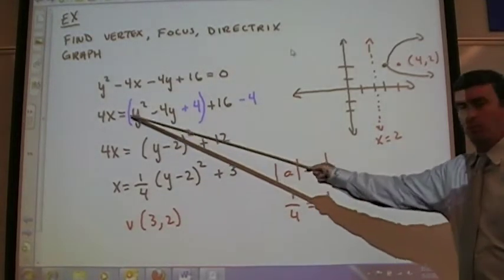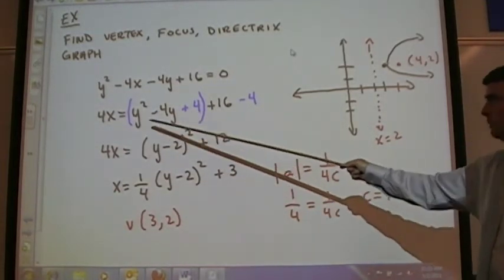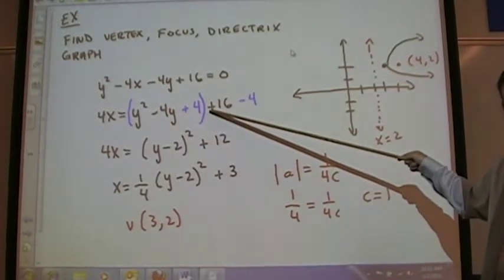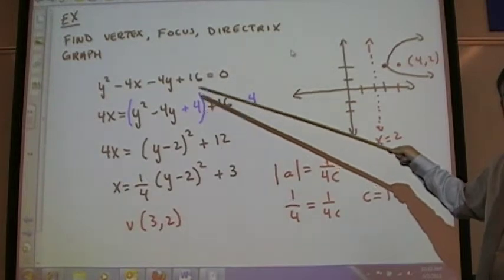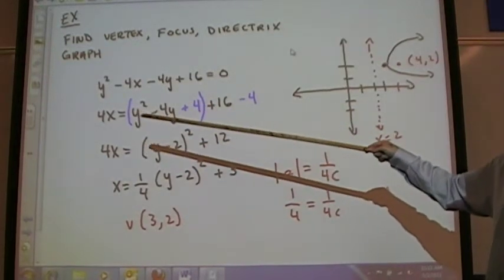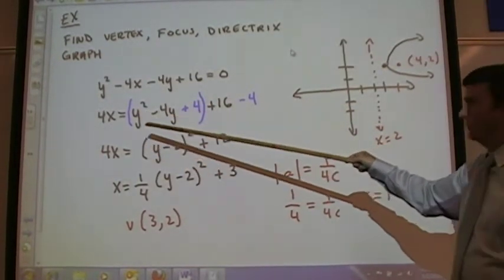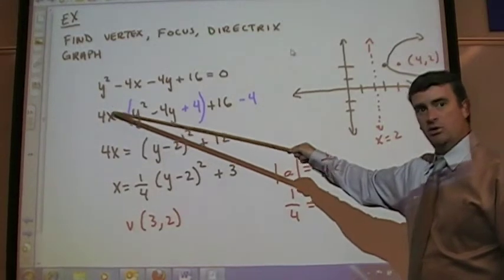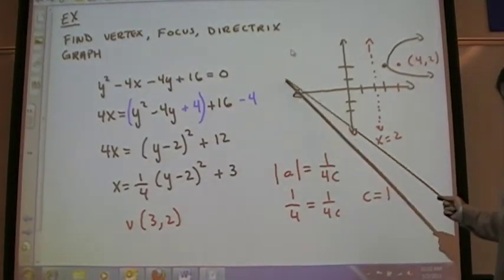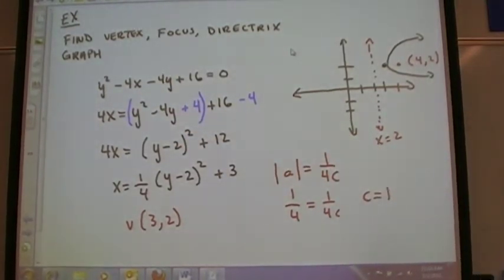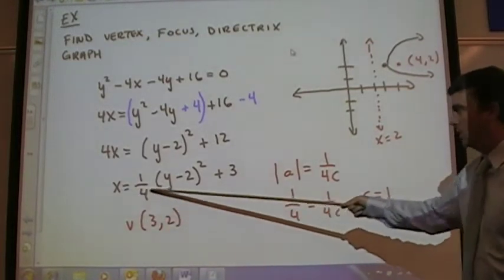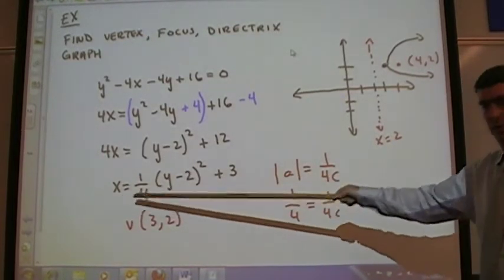So I could make this a perfect square trinomial. But then you have to do the same thing. Right, I have to add 4 to both sides of the equation. And why is it minus 4 right there? Because instead of adding 4 to this side, I just put a minus 4 on this side. Same thing.